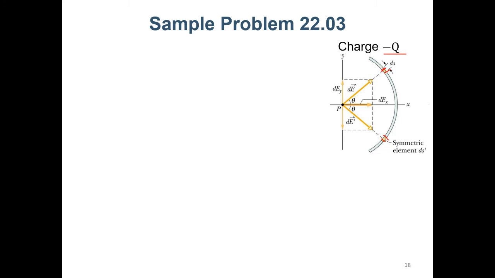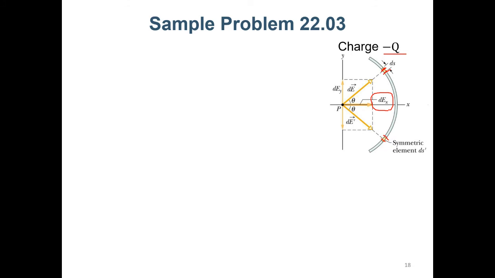So for this ds, it will have dE pointing in the upper right direction. For ds prime, it will point to the bottom right. So you just decompose it. The y components will cancel with each other, and the x-axis components will superimpose. So they add together.